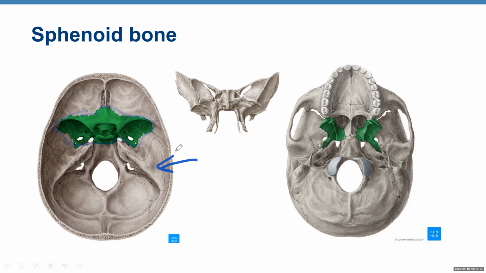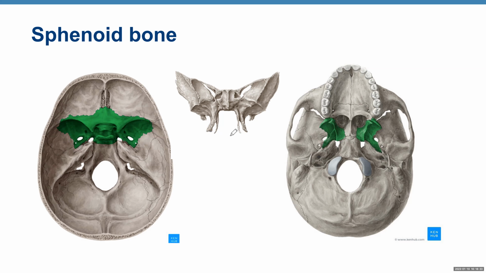So this is the calvaria, and you're looking from above, right? The cranial cap was removed, and you're looking at the inferior part of the skull from above, and this bone right in the middle, it's a regular bone. It looks like a butterfly or a bat.